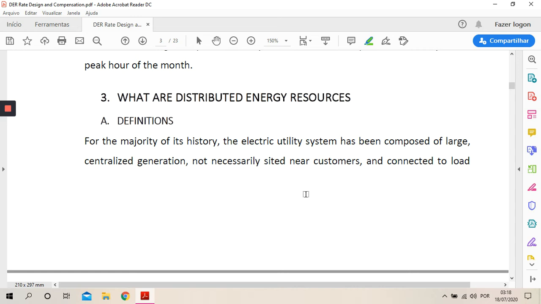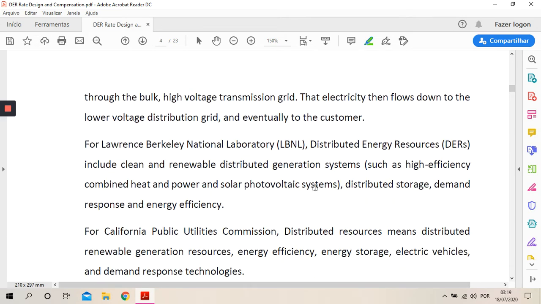For the majority of its history, the electrical system has been composed of large centralized generation, not necessarily sited near customers, and connected to load through the bulk, high voltage transmission grid. That electricity then flows down to the lower voltage distribution grid and eventually to the customer.